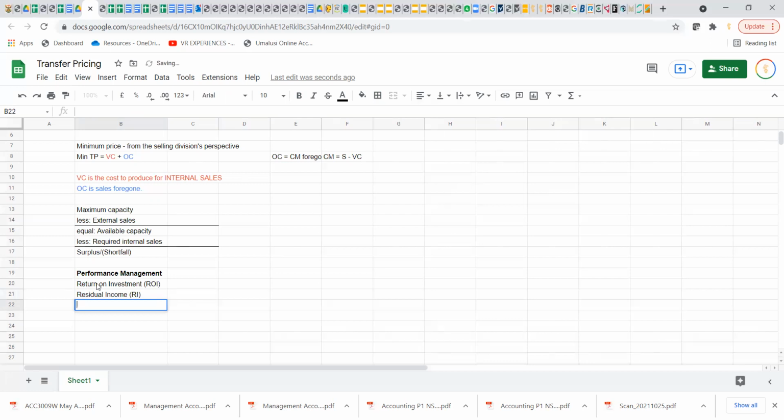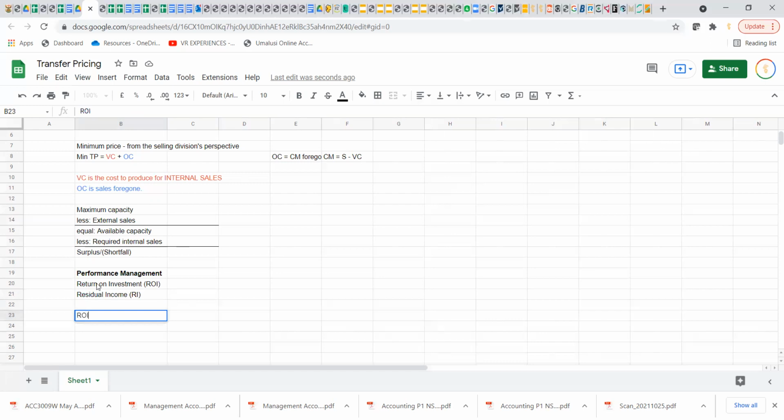Now we'll just use a formula to determine return on investment, and use a formula to determine the residual income. Then we simply compare it to their target. Okay, if they meet the target, they will get their bonus. If they don't meet the target, they don't get the bonus. That's basically it.